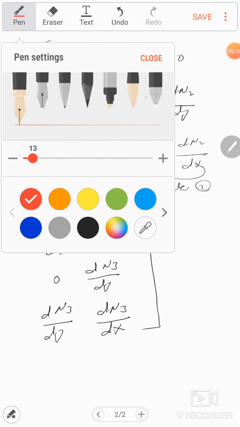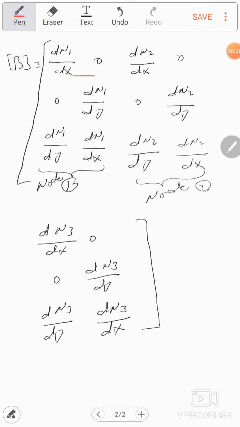So now I can make it this one, the dN1 on the x, derivation on x, call b1. The node 1 for the dy equals c1. This will go c1, b1.